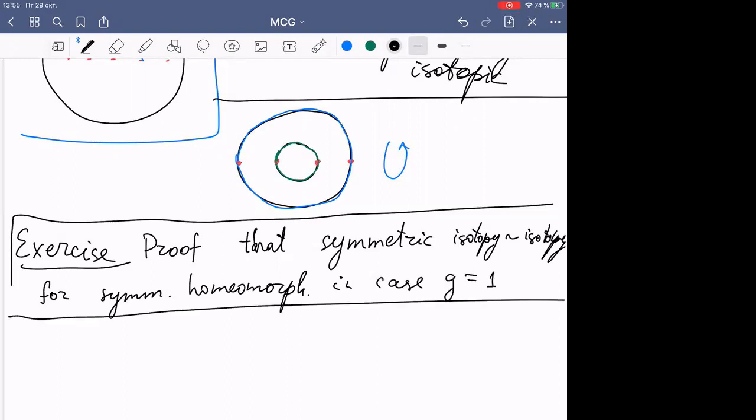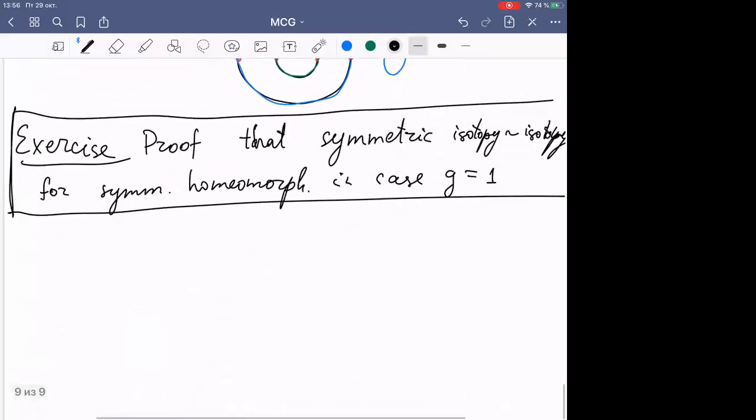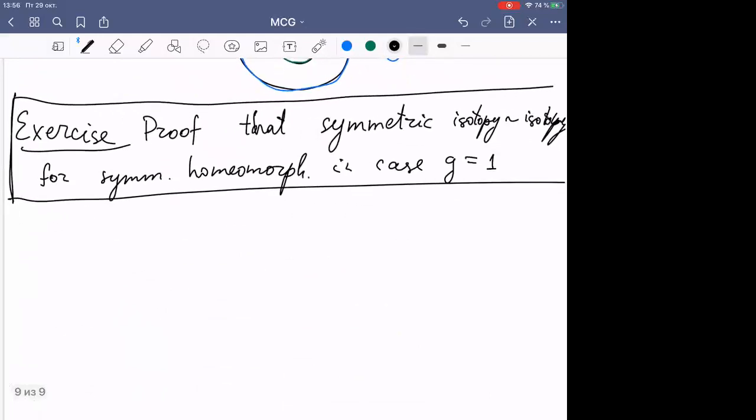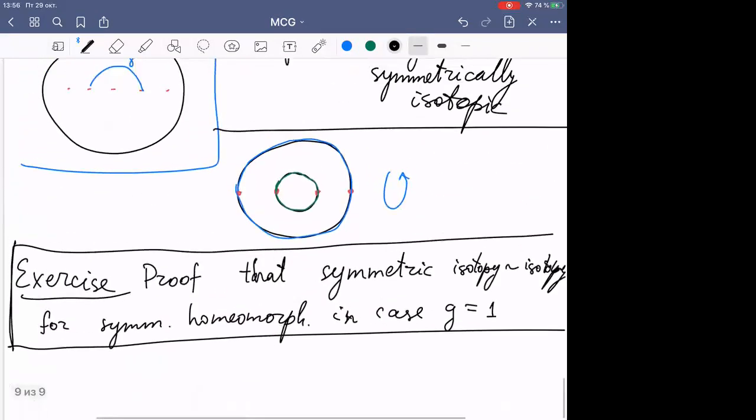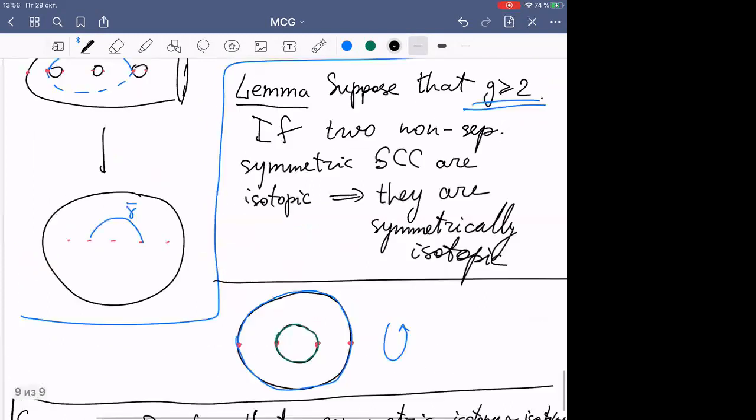For G equals 1, okay, now I'm going to give a proof for G greater than or equal to 2. I think you can understand yourself what should be changed in case G equals 1. Literally, it will not work. Okay, let us start with the proof of this lemma.